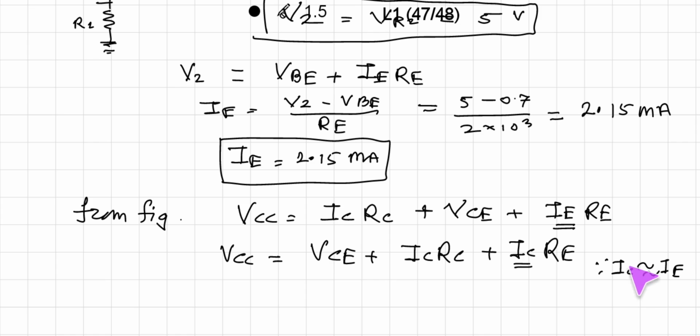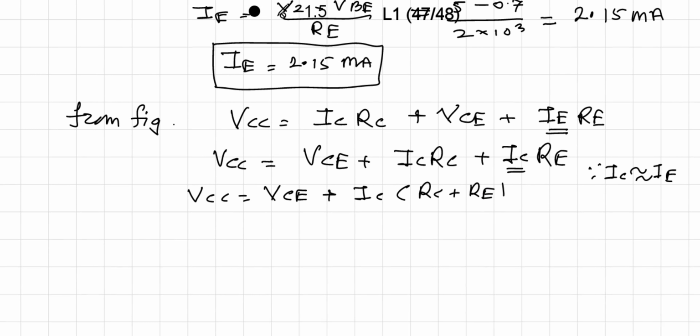We know that IE is equal to IC plus IB, but base current is very small, so we can consider IC nearly equal to IE. Therefore VCC is equal to VCE plus IC into (RC plus RE). Or we can say voltage across collector emitter is equal to VCC minus IC into (RC plus RE).